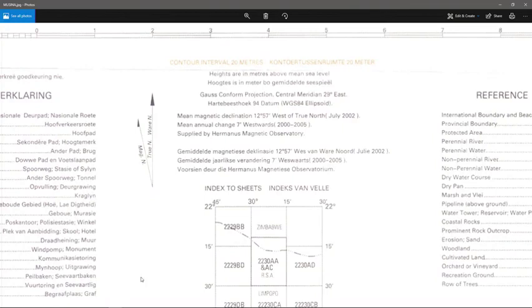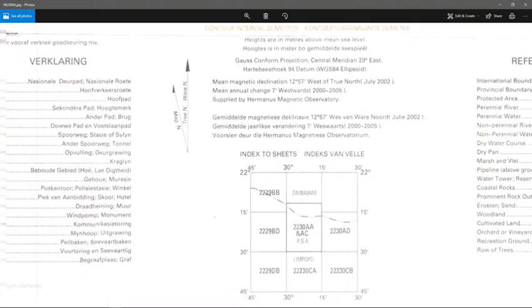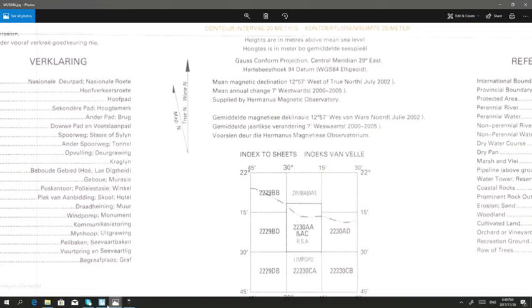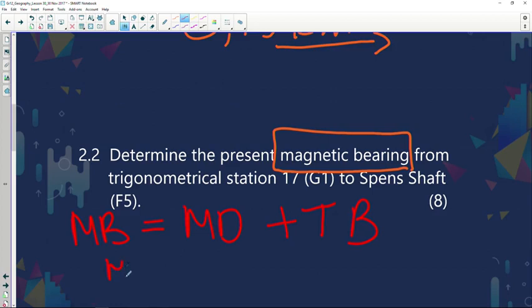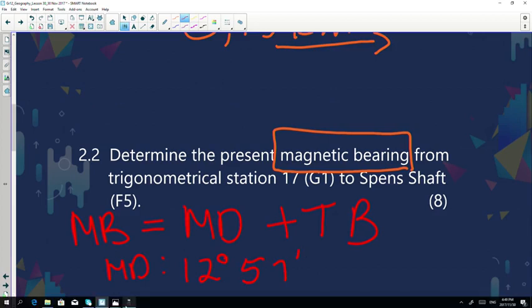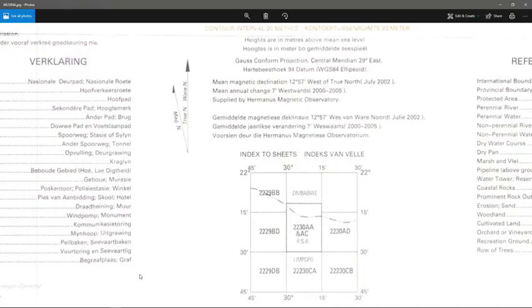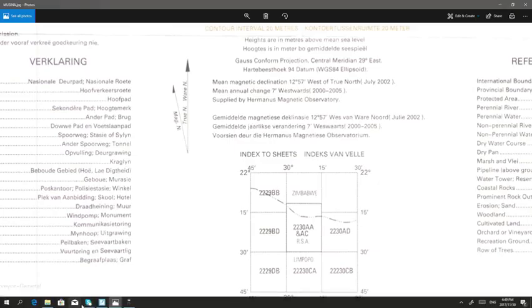Forget about the dates of 2000, 2005. So let's go and calculate our present magnetic declination. Now the magnetic declination for the Messina map is 12 degrees, 57 minutes. And the map was drawn, let's just quickly go back, in 2002.